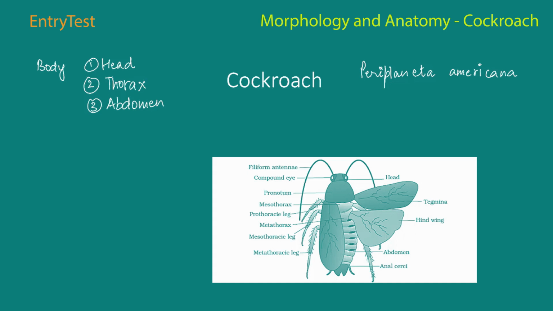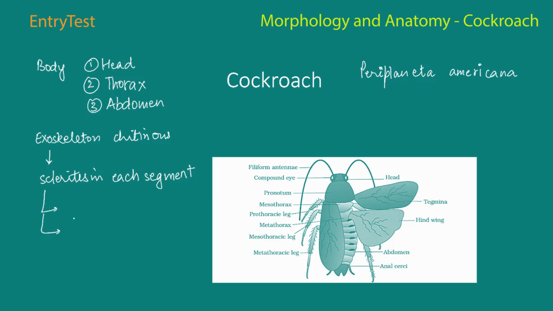Now the entire body is covered by a hard skeleton, an exoskeleton made up of chitin. So we can call it an exoskeleton that is chitinous in nature. And in each segment, the exoskeleton has hardened plates called sclerites. Now these sclerites are also known by two other names.